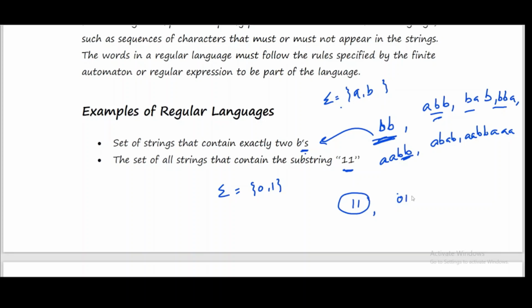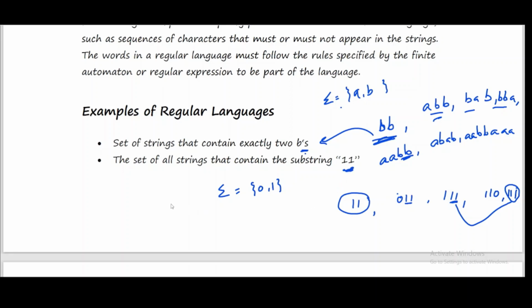It can have 011, it can have 111. So the substring 11 is there, here also 11 is there. It can be 110 or 111. You should understand that this 11 should be together.